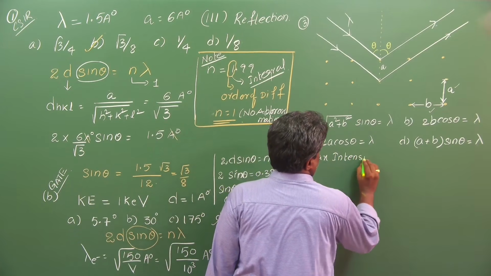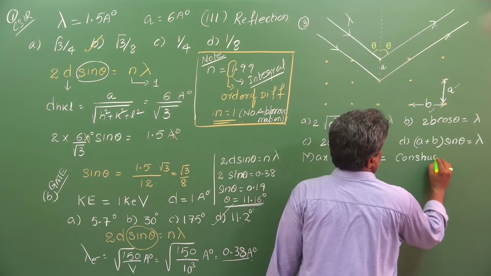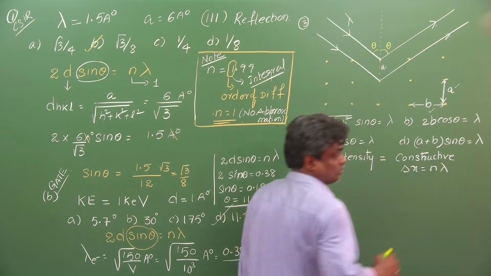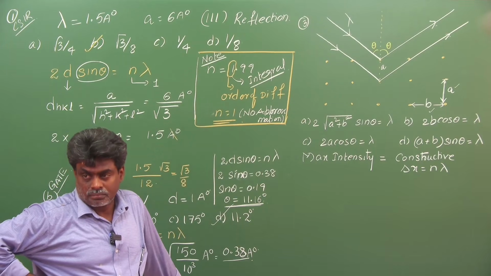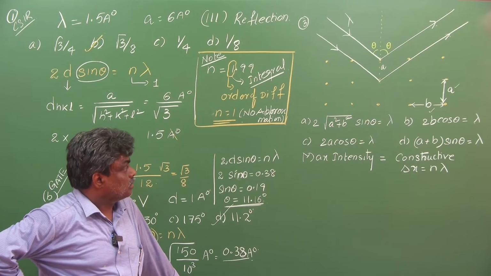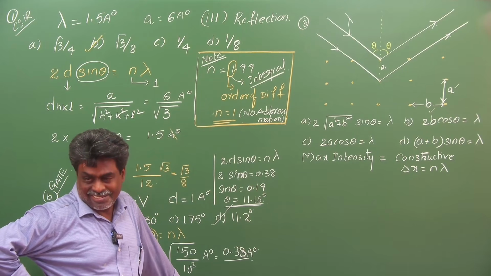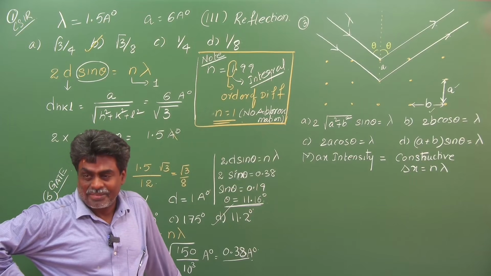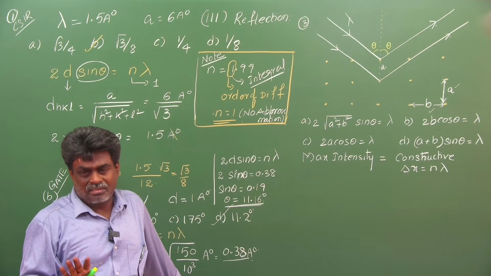Anybody wants to say? Option A, under root a square plus b square? Okay. Try. See the diagram carefully. See, are you interested first of all? No, you are not trying.